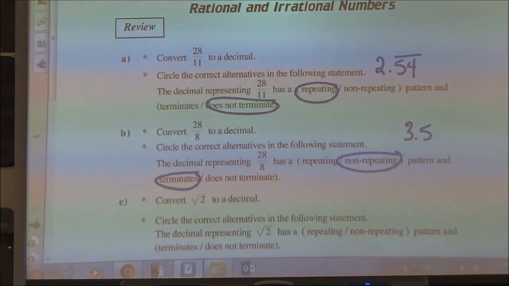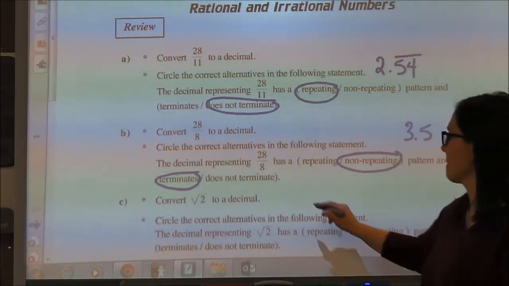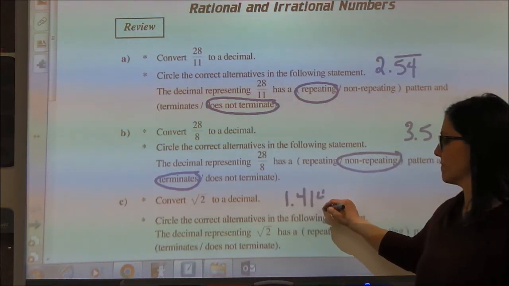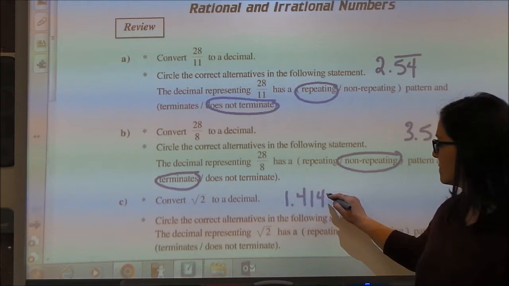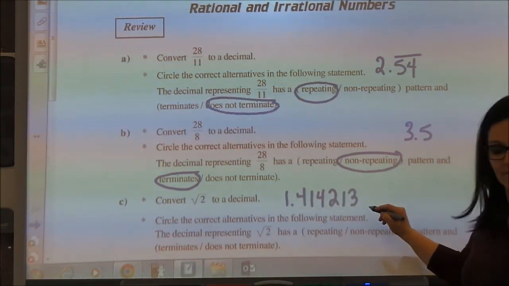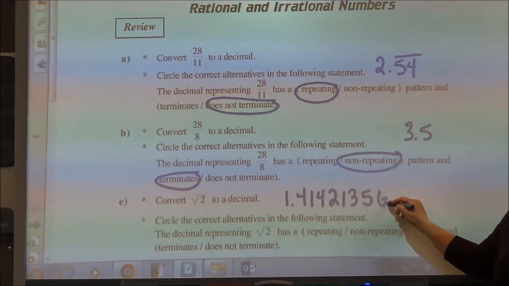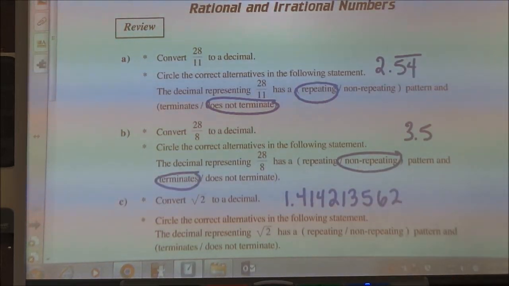Square root of 2. What does your calculator tell you? 1.41421562. Does this have a repeating pattern at this point?